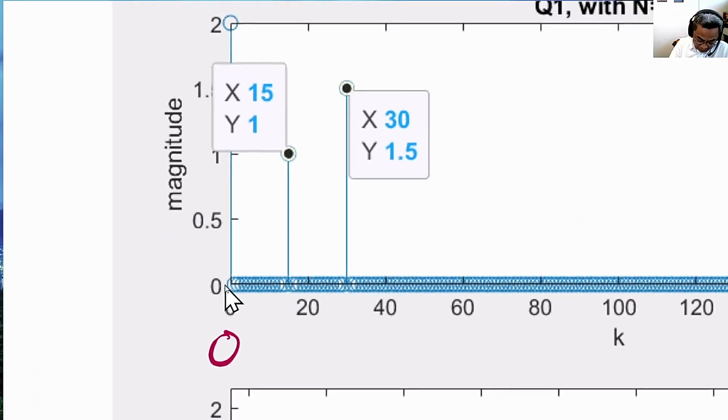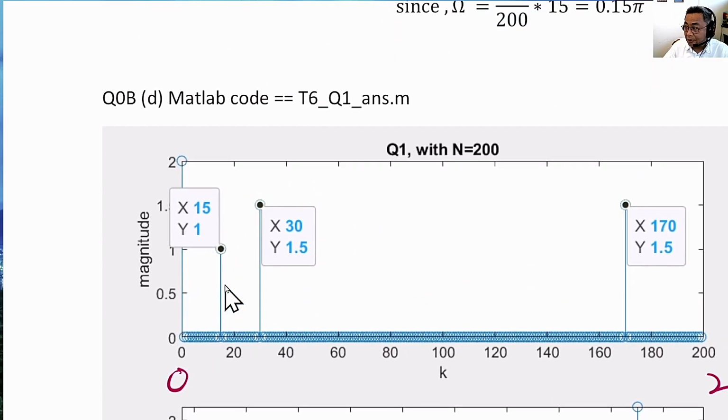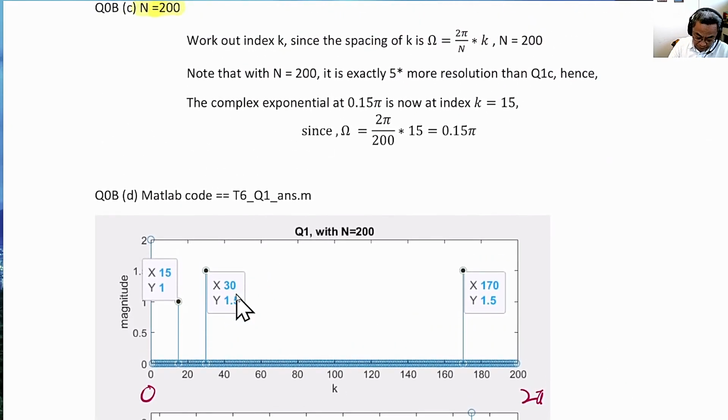The question now is, where are the spectral lines for different Cks in this question? In our question, we have omega equals 0.15 pi. To reach 0.15 pi, you have to let k equal 15, because 2 pi over 200, which is 2 pi over n, times 15 is 0.15 pi.